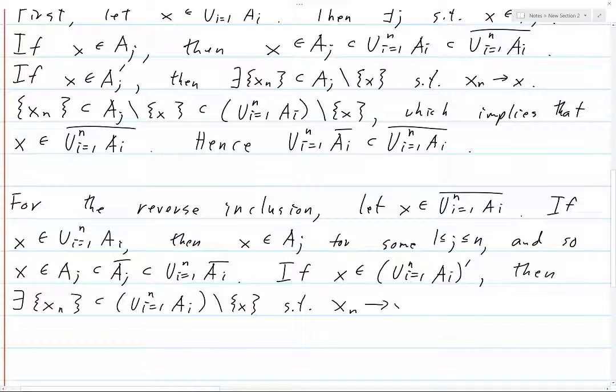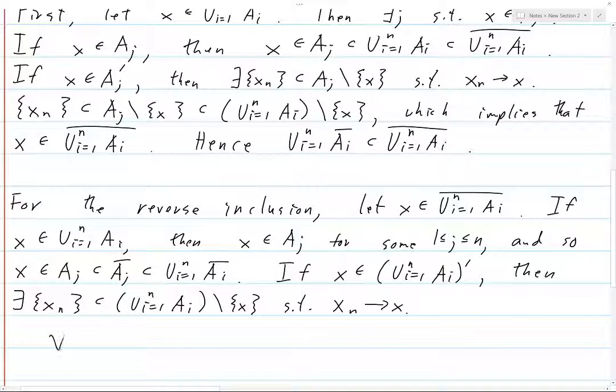Now when I say this, just going back to the definitions, if you wanted to do this as low level as possible, this is a little bit of a shorthand notation, because what you would want to say is not necessarily that there is a sequence contained in this set which converges to x, but rather that for every neighborhood of x, there is a point in that neighborhood and in this union which is not equal to x.